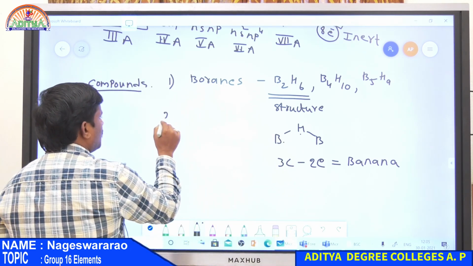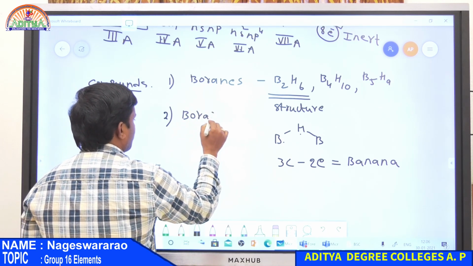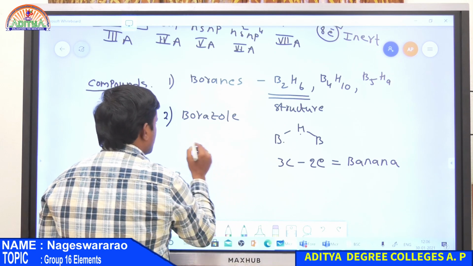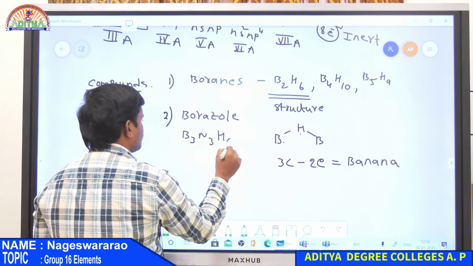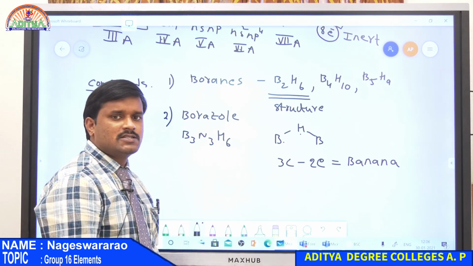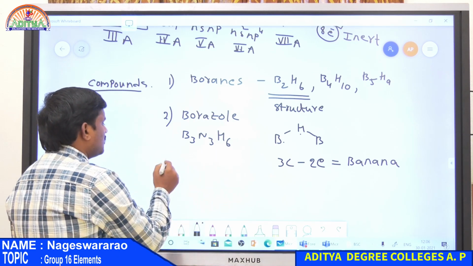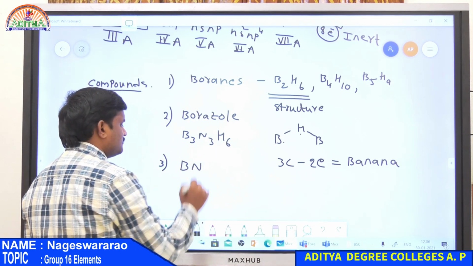And the second compound for boron is borazole. So borazole is nothing but B3N3H6. So again the properties as well as the preparations and structures of borazole. And the third compound under this heading is boron nitride, BN.